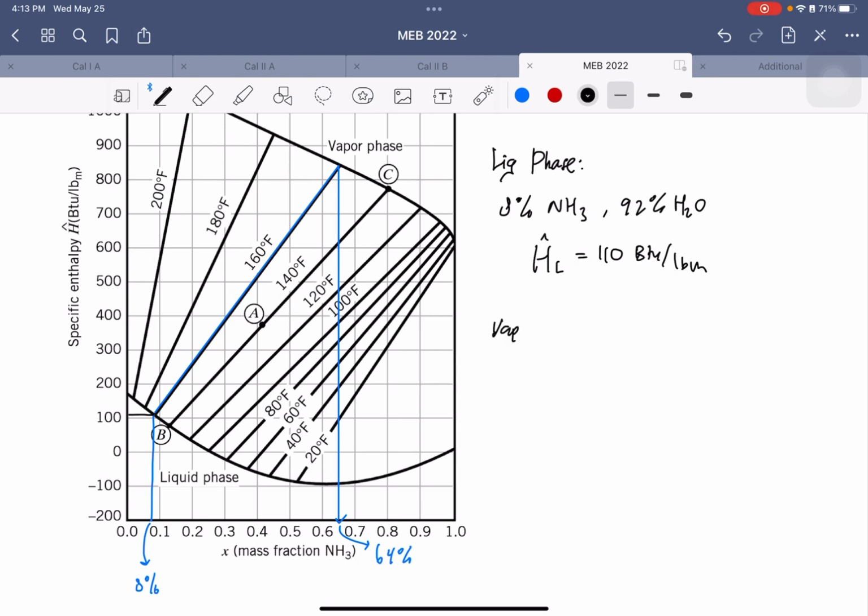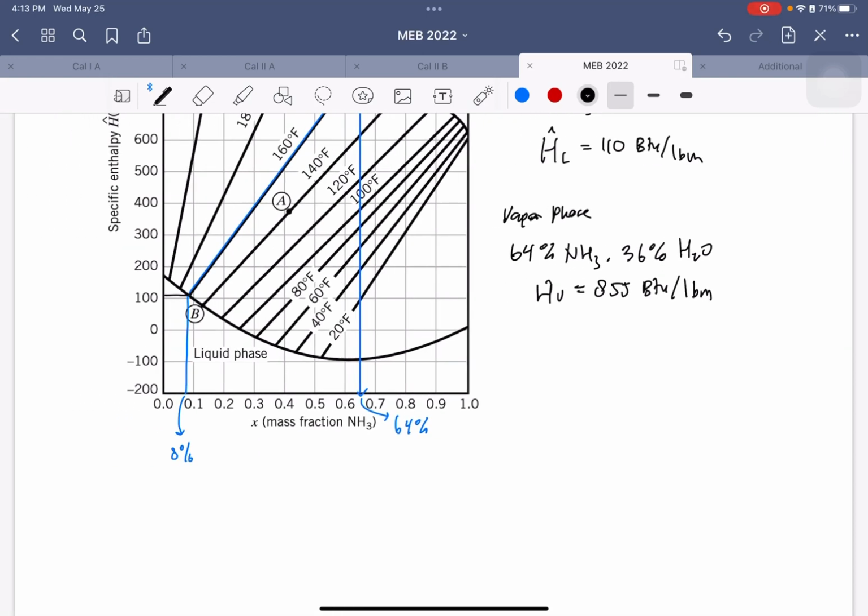And the vapor, we get 64% ammonia and 36% of water. And the vapor is around here, around 855 BTU per LBM.